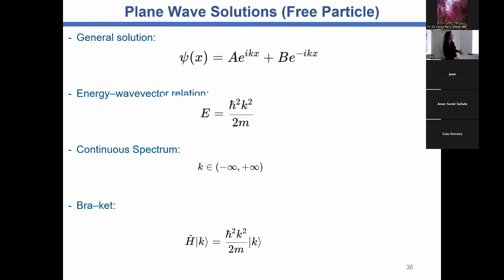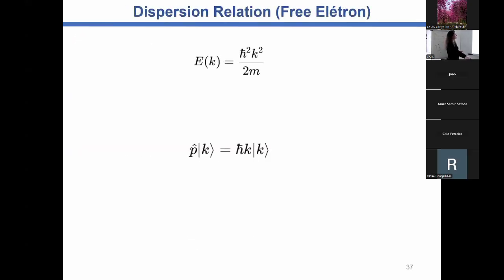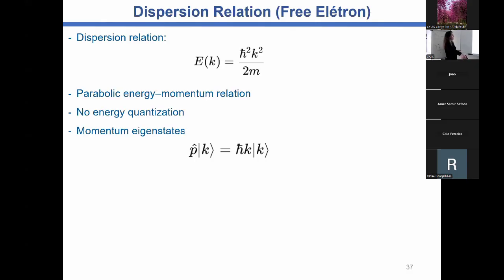And when we know exactly the energy, in terms of the uncertainty description, we know that the energy here in terms of momentum is parabolic.